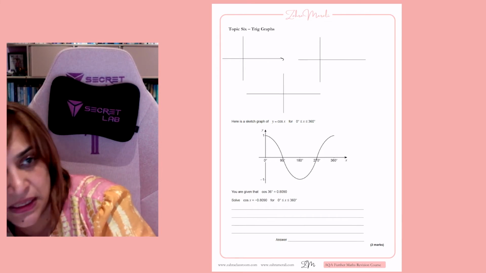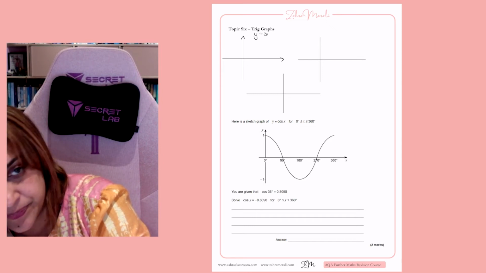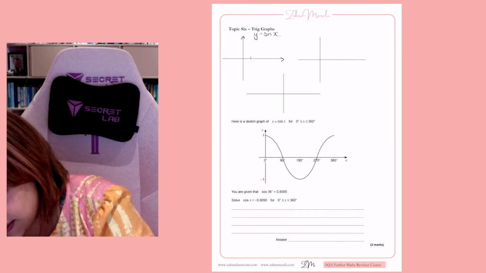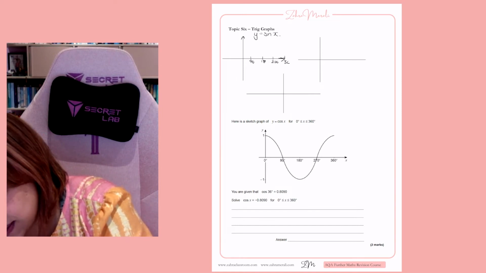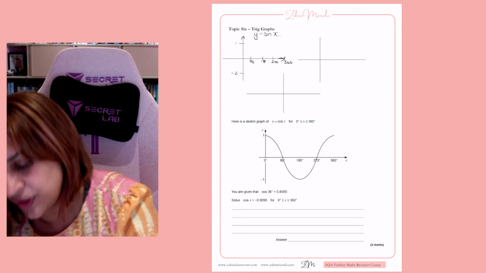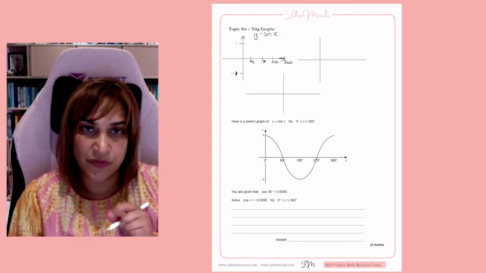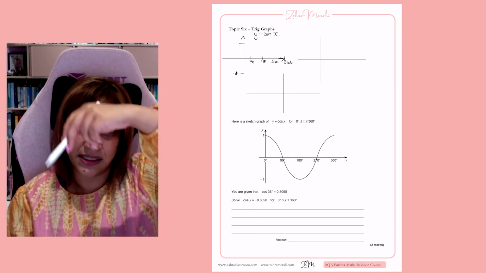Okay. So we're going to have our sine graph to start with. So 90, 180, 270, or 360, always between 1 and minus 1. And what you need to remember with a sine graph is it starts at 0 and it's a sine curve.